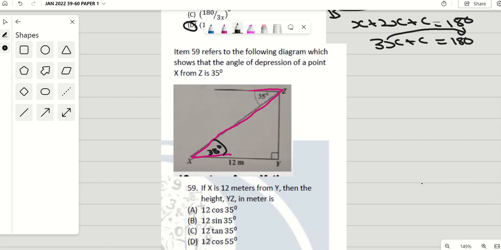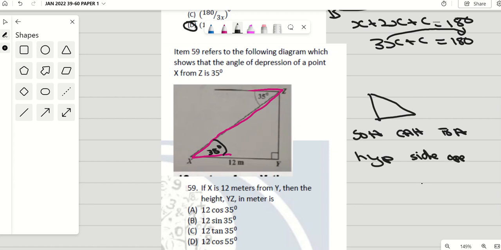So they are trying to find out YZ. Now, if we're using this angle 35, I told you guys when we were doing algebra, this is the SOHCAHTOA method, where O is opposite, H is hypotenuse, and A is adjacent. And I told you your hypotenuse is the side opposite the 90 degrees angle.